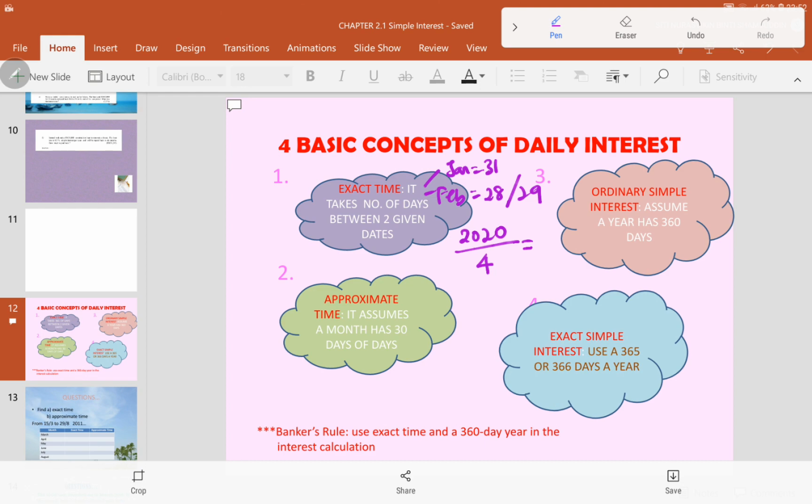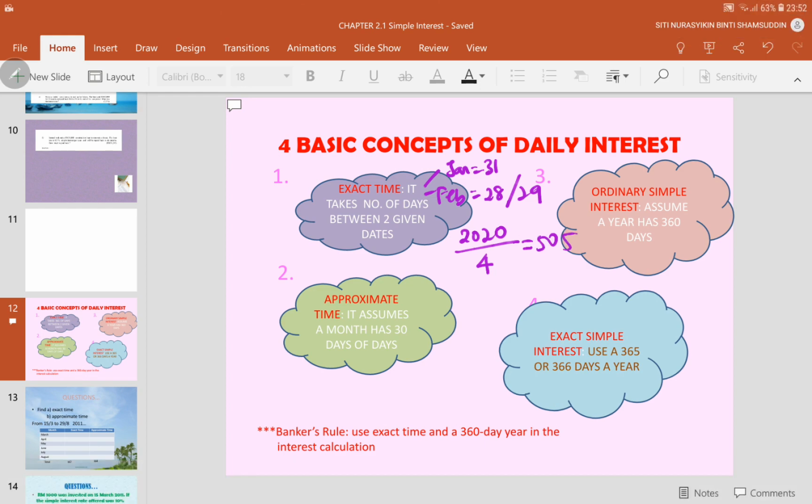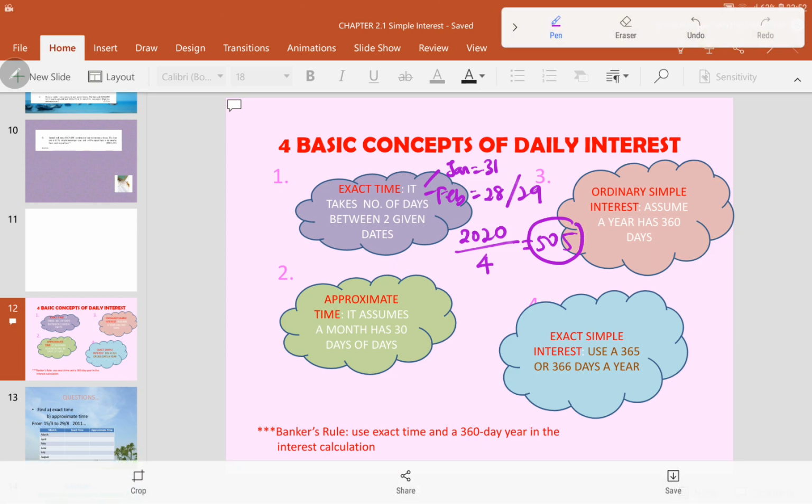In this case 2020 divided by 4, you get 505. So it is an exact number, right? No decimal. So year 2020 is a leap year, which means that in February we have 29 days.